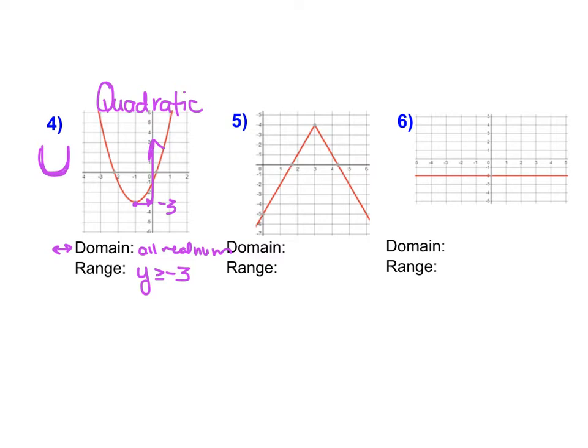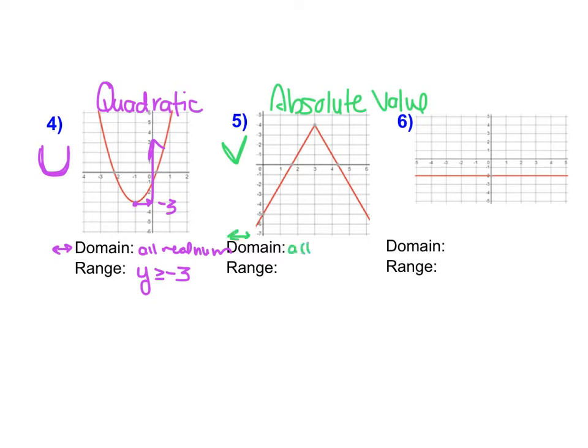Then if we look at the next graph, number 5, what I notice is that this one is shaped like a V, just like the absolute value graph. So here, this is a part of the absolute value function family. So now that we've determined which family this belongs to, we're going to take a look at domain and range. And so here we notice our graph is going forever to the left and forever to the right.